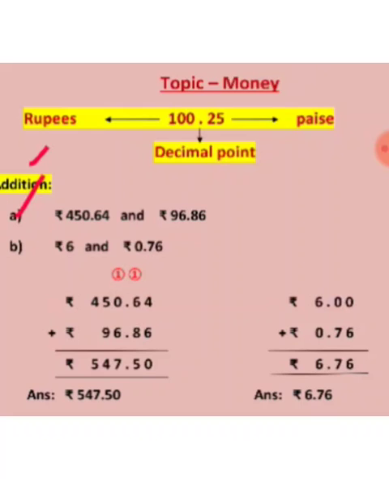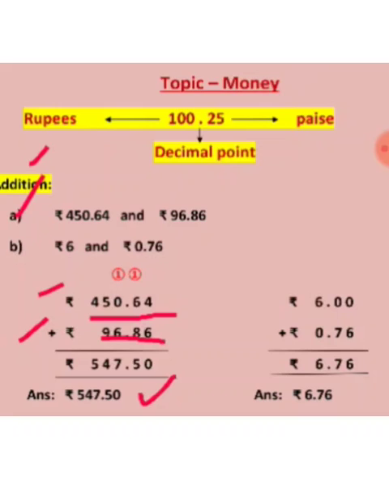So rupees 450 you can see, and add with rupees 96.86. Keep the decimal in the proper place and thereafter you will add the numbers. Addition I will not teach you because you already know how to do addition. Same way you will do the addition and finally you will write the answer, rupees 547.50.